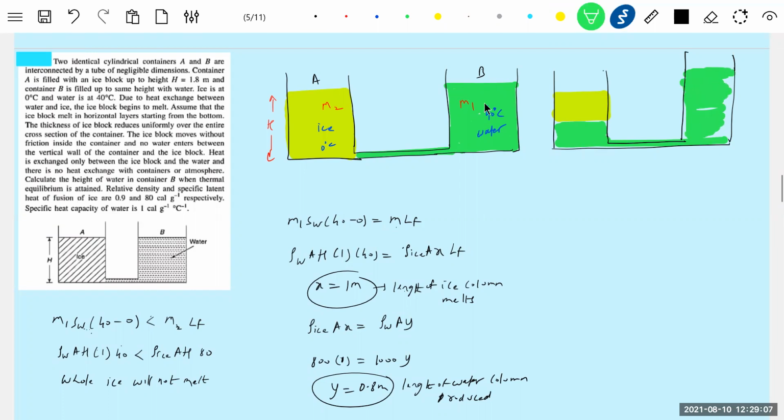Already it was having height h, so some level of water will rise here. Now what is the volume of water? Earlier the volume of water was HA, now it will be HA plus YA. Volume of water is H plus Y.